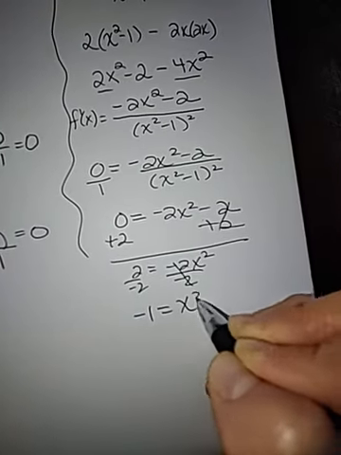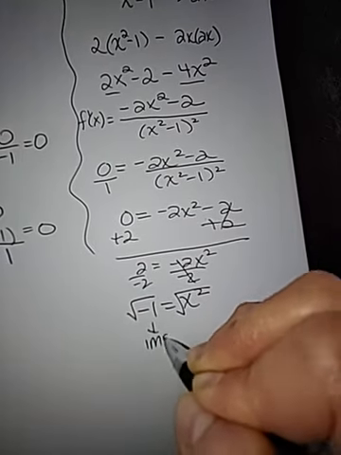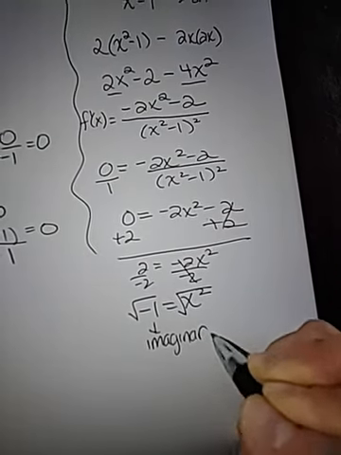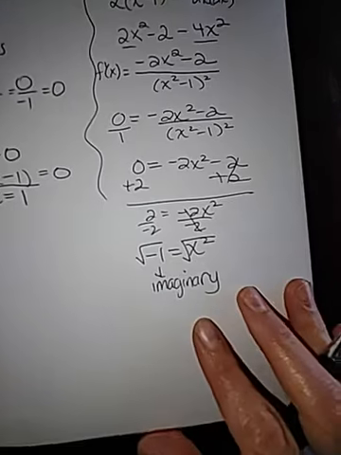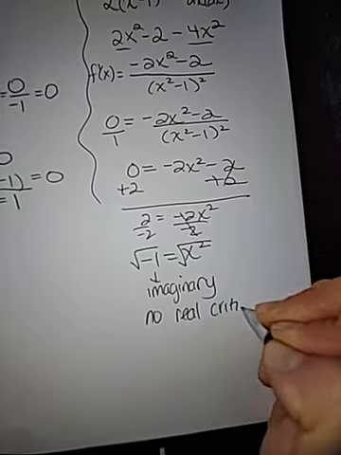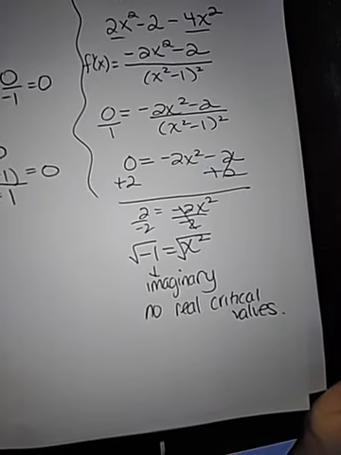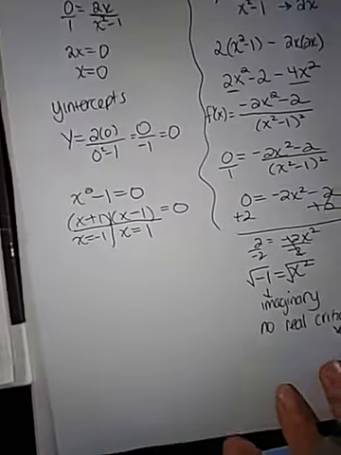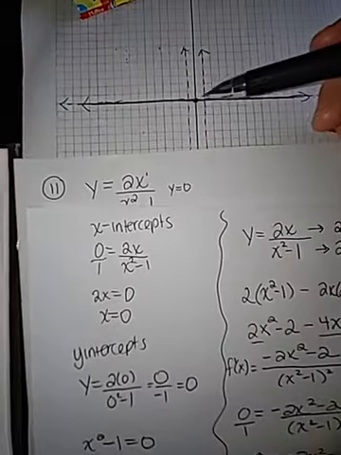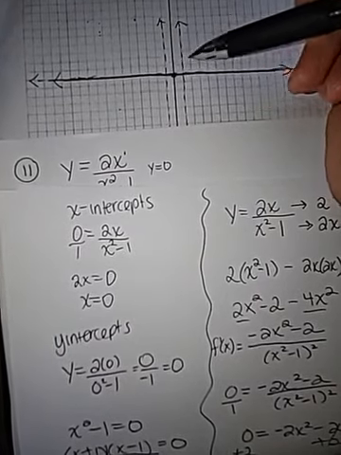And I get negative 1 equals x squared. When I take the square root of this, this gives me an imaginary number. So that means that I have no real critical values. So that means the only important point I have right now is x equals 0. And then these vertical asymptotes.